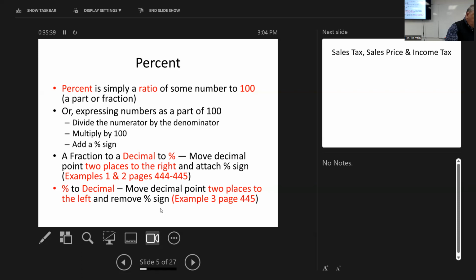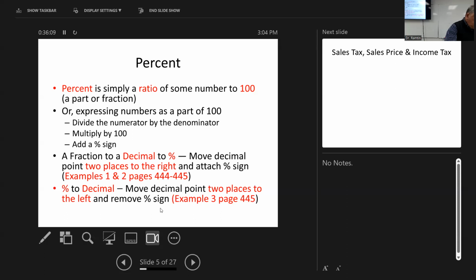So actually what you're doing, you're multiplying that number by 100, and when you do that, you move the decimal point 2 places toward the right, so it becomes 47%.